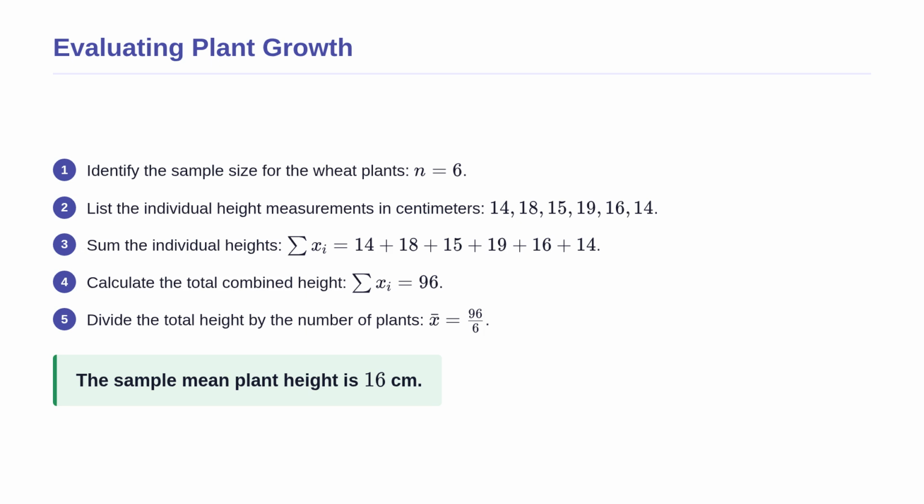We sum the individual heights, 14, 18, 15, 19, 16, and 14, which gives a total combined height of 96 centimeters. We then divide this aggregate number by our 6 plants. This division smooths out the natural biological variation between the individual plants. The final answer is 16 centimeters. The biologist can now use this single summary statistic to scientifically determine if the fertilizer promotes better growth.